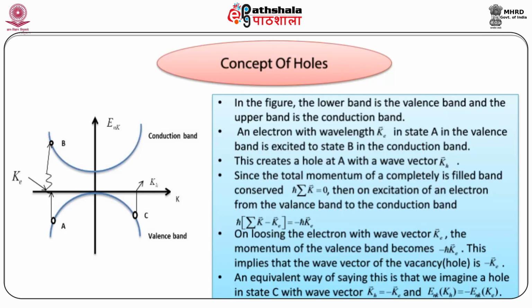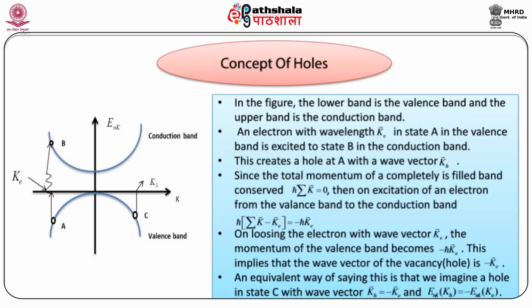As you can see from here, we have a valence band and we have a conduction band. The valence band lies below the x-axis and the conduction band lies above the x-axis. This is a plot of E(k) versus the k vector. The lower band is the valence band and the upper band is the conduction band.